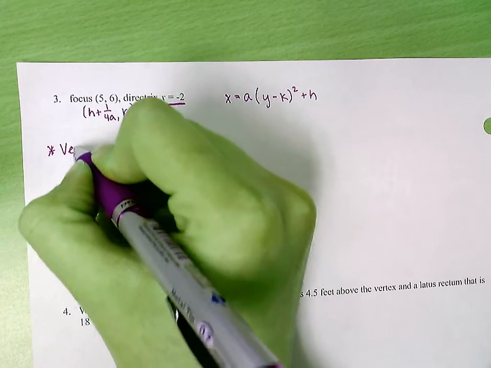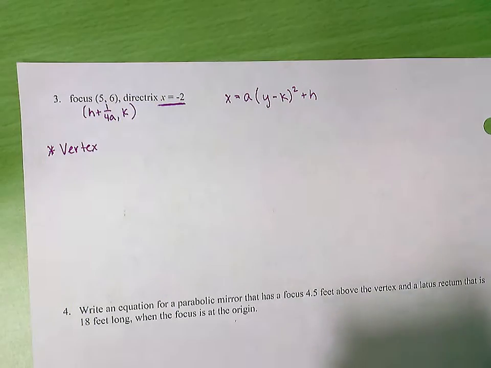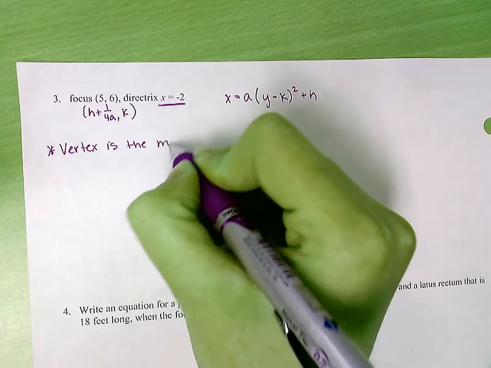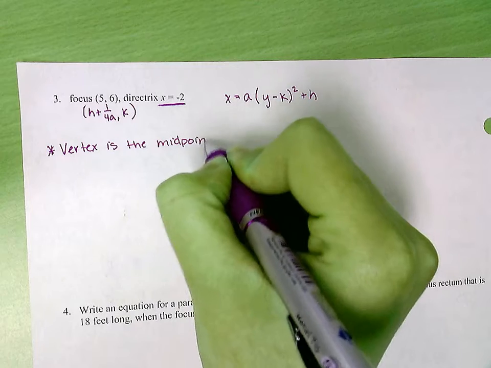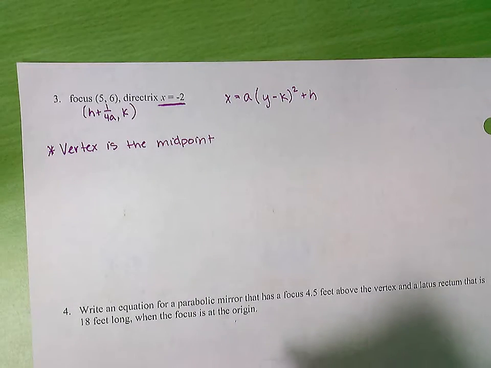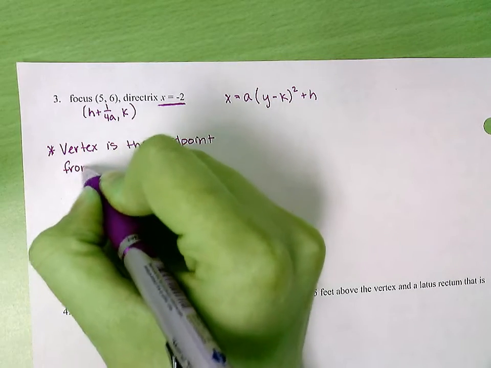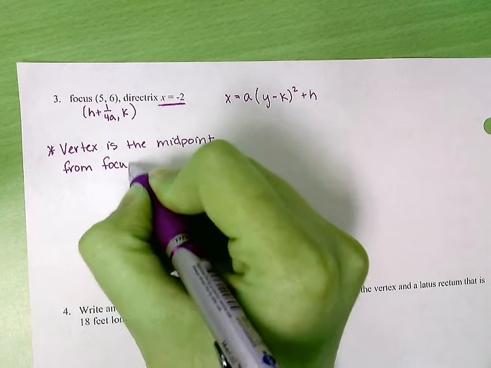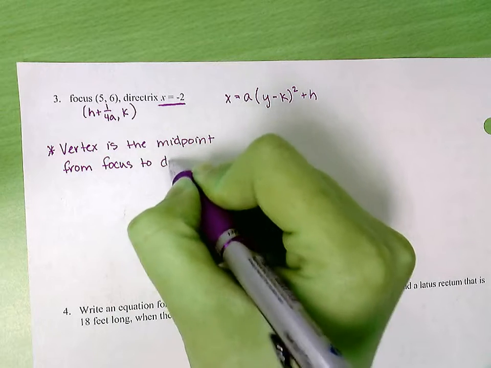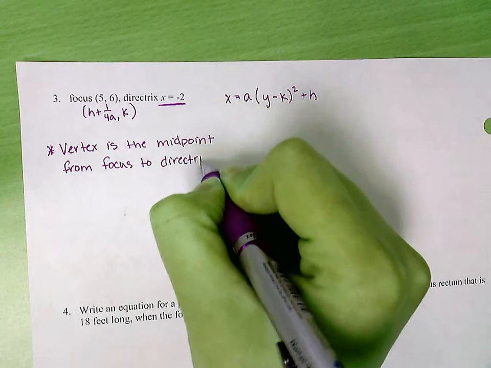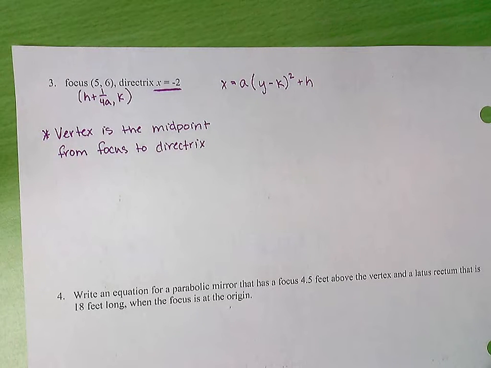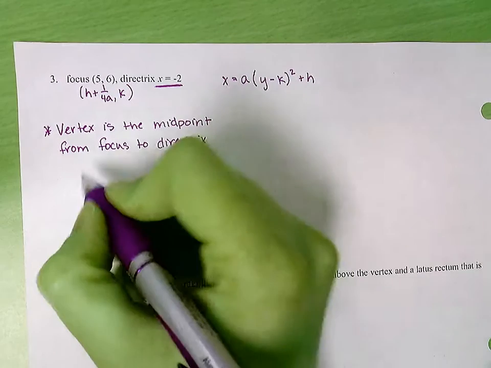Okay, so your vertex is the midpoint from focus to directrix. Okay, so I can use that information to find h.